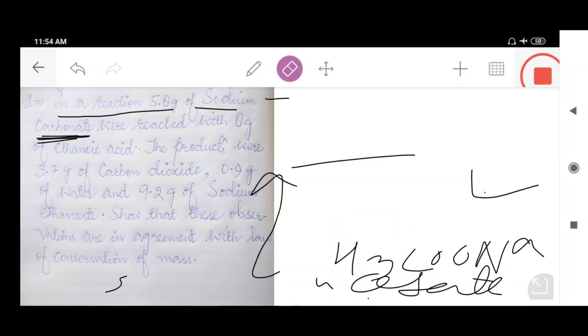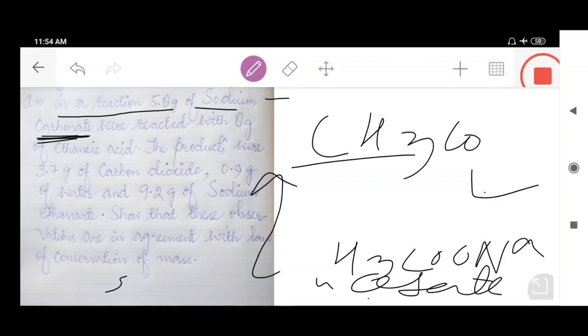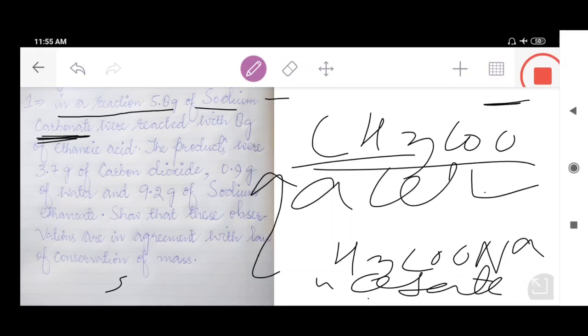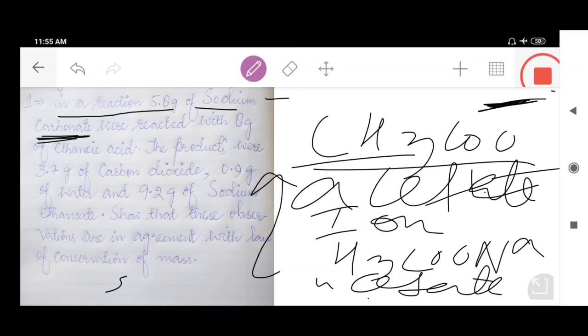this CH3COO negative is called the acetate ion. Mark my words, it's a very important question. This is a very important topic here. CH3COO negative is the acetate ion because it contains the negative charge. And with this acetate ion there is a presence of sodium.